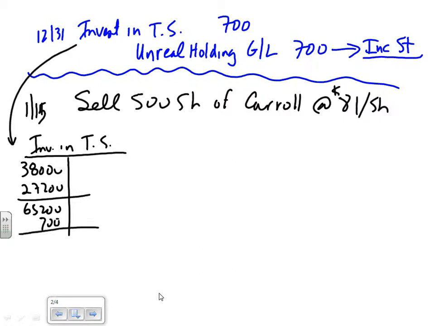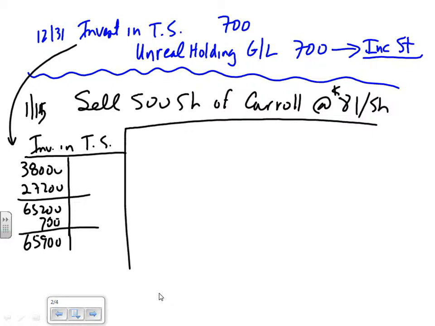And we always know whether we're doing this correctly by making certain that at the end of the period, the carrying value of the asset is the market value. So 65.9, 65.9. Now, when I sell these shares of Carroll, when I do it for trading securities, I'm only going to look at the prior fair value of the asset from the end of last period.